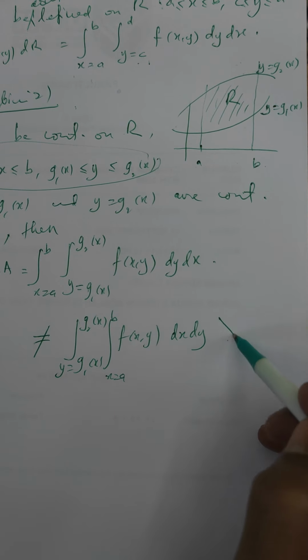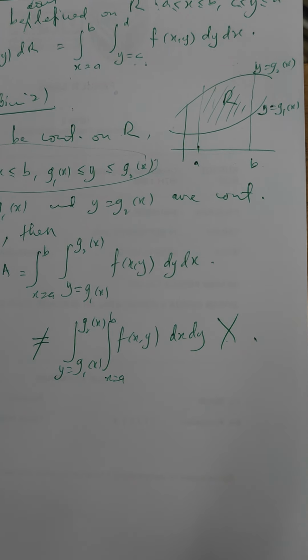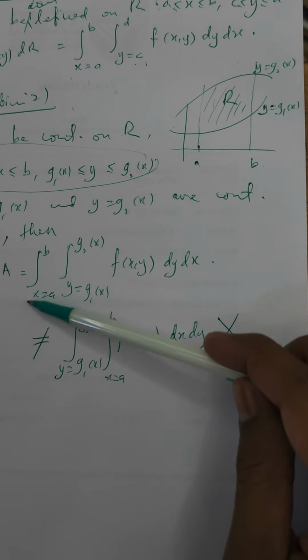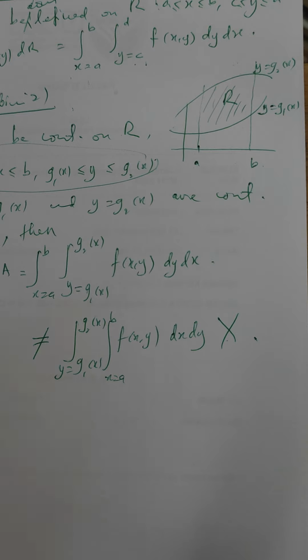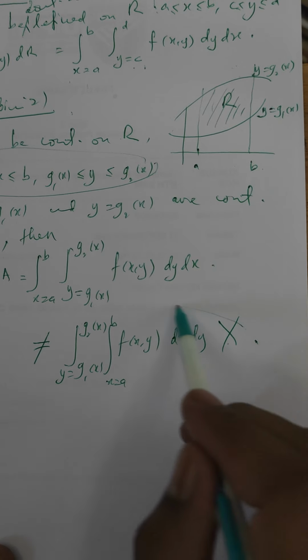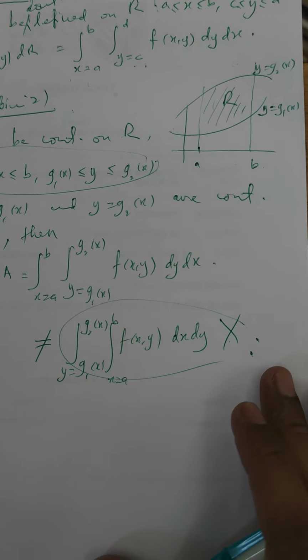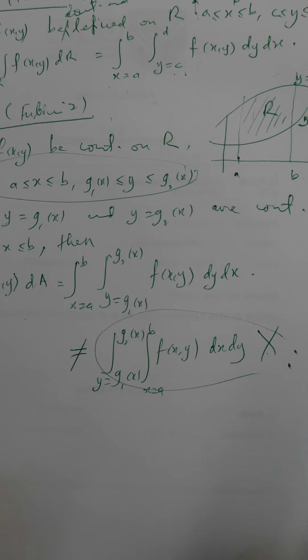This is not correct, because later on you will get an answer in a variable. In this case we want the exact solution, so the outermost integral must be from constant to constant, not variable to variable. So please note this. Let me give you an example.